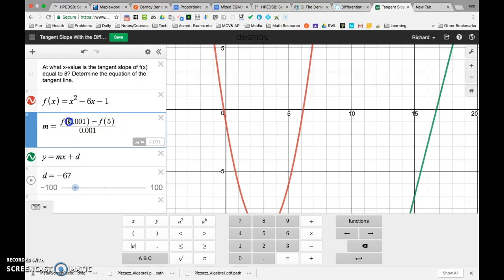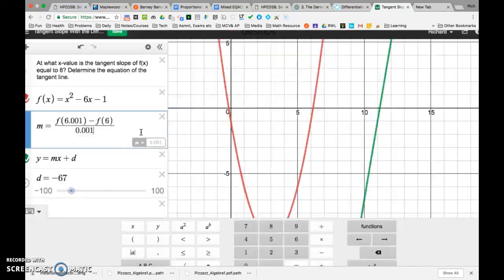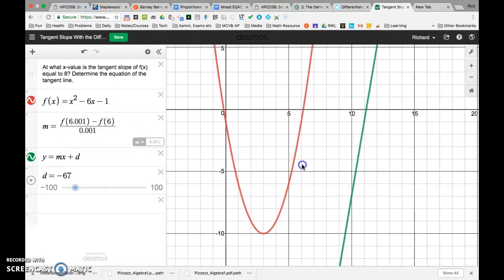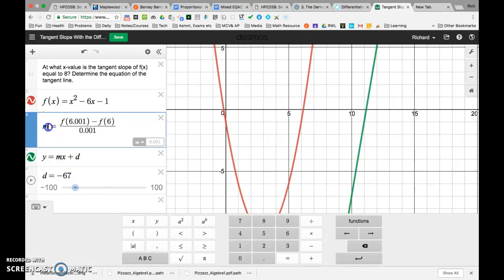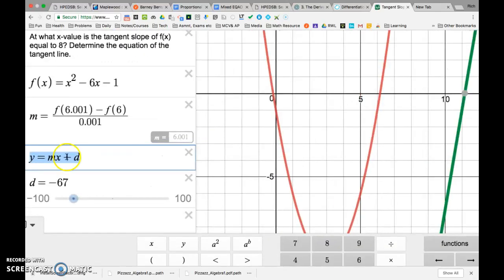So let me try 6 and 6.001. So now the tangent slope is 6 at x equals 6. By the way, just as an aside, notice that I've set this m as the slope, and then I wrote an equation here, y equals mx plus b. So it will automatically take this value of 6 and export it into here.